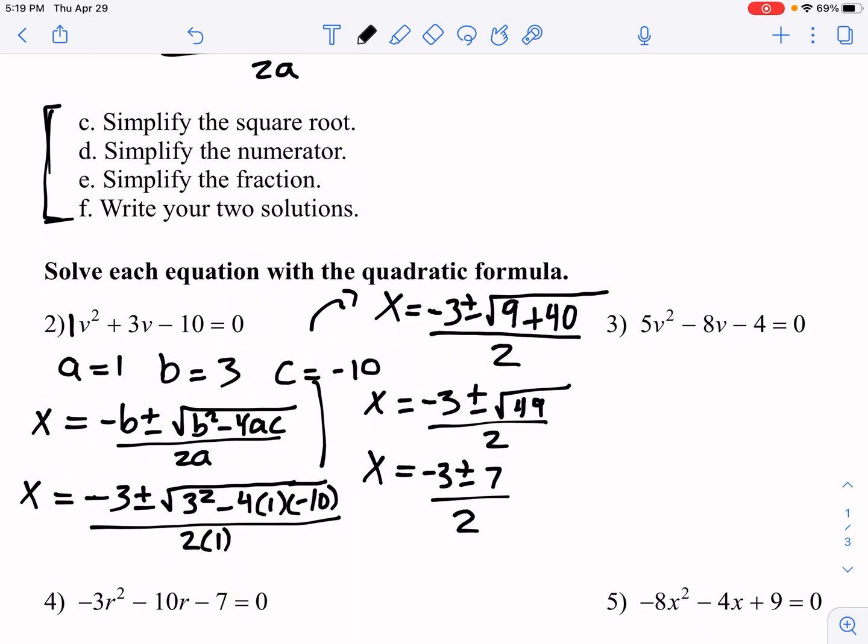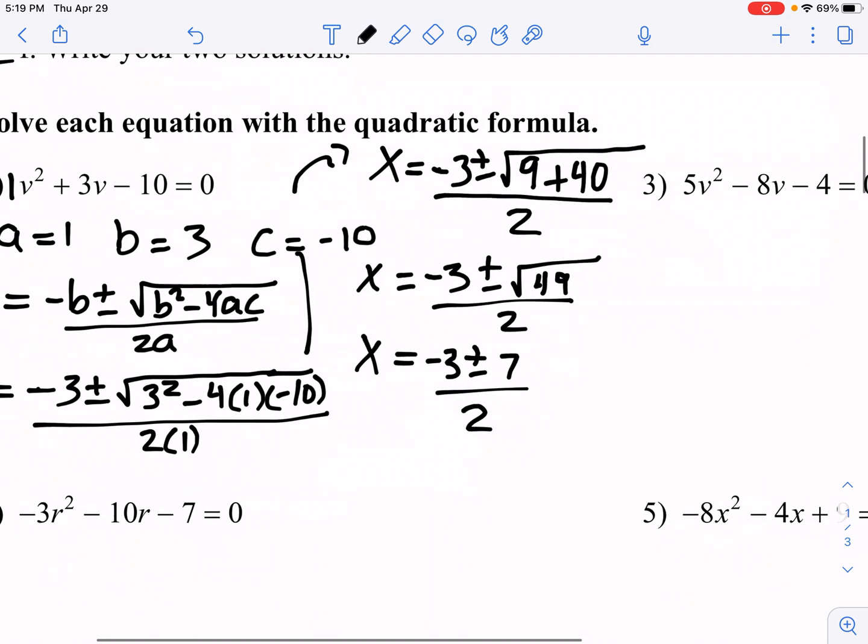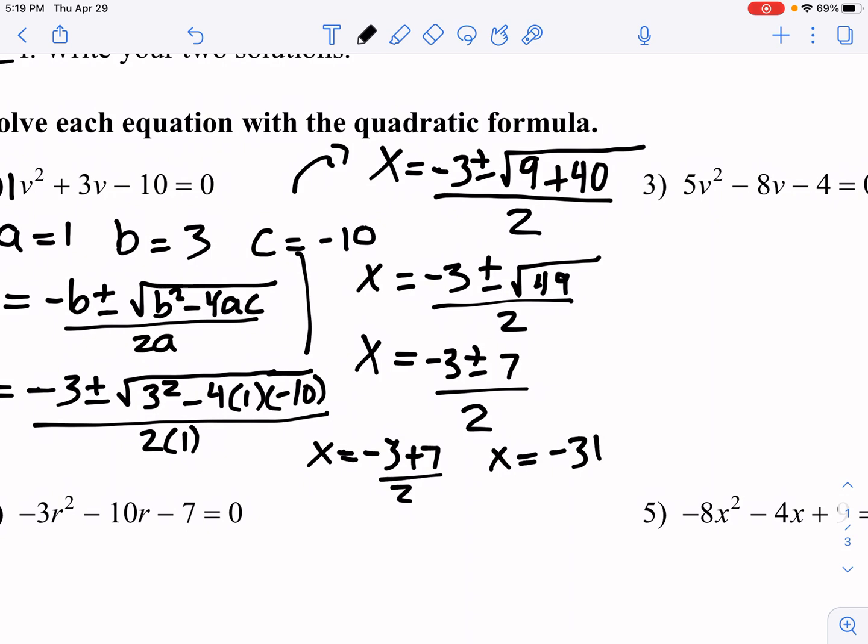So now let's simplify the numerator, and then we can simplify the fraction, okay? So what we end up with here is a -3 plus 7 over 2 and -3 minus 7 over 2. There's really two answers here, okay? There's x equals a -3 plus 7 over 2, and then x equals a -3 minus 7 over 2.